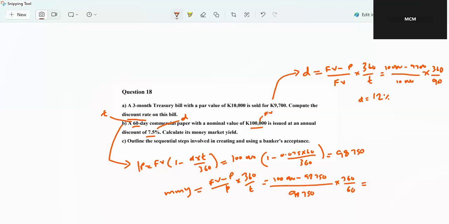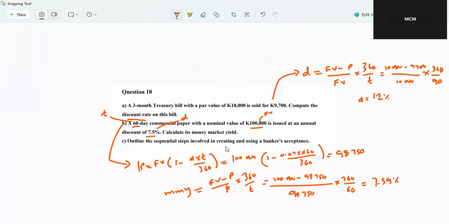So when you compute, you're going to get 7.59 percent.